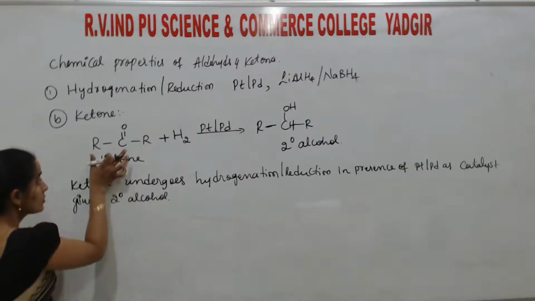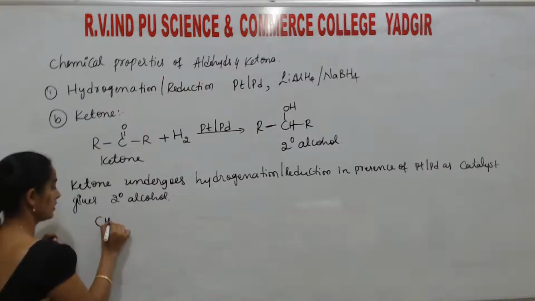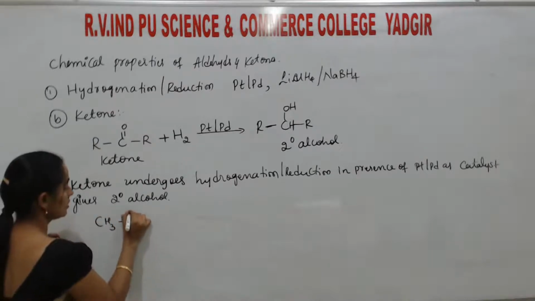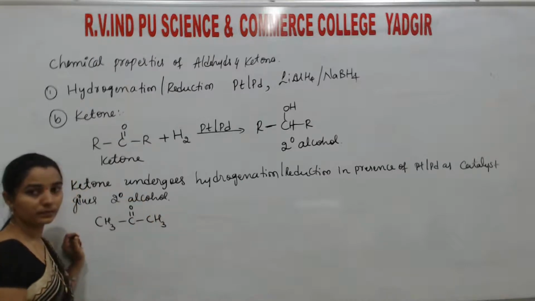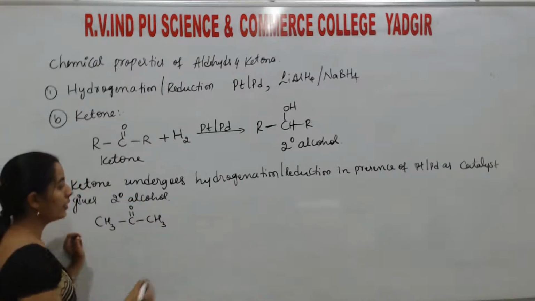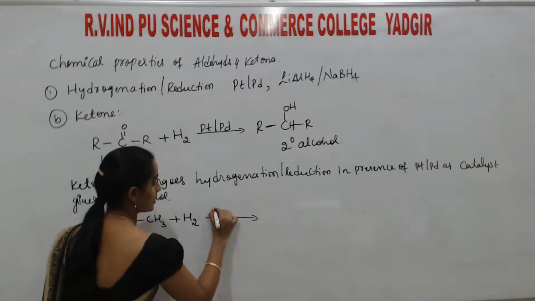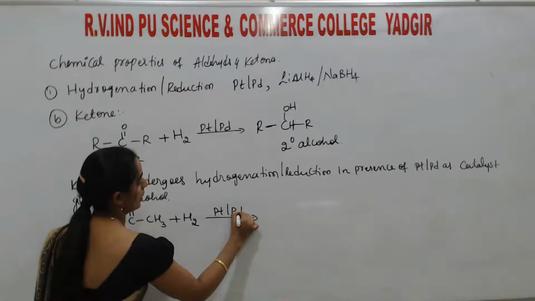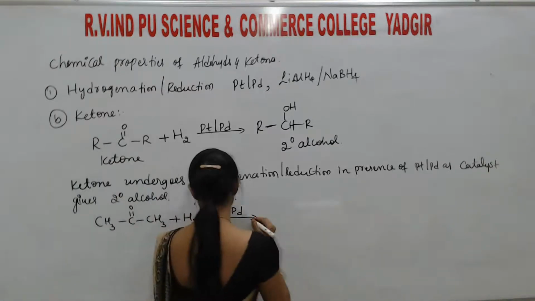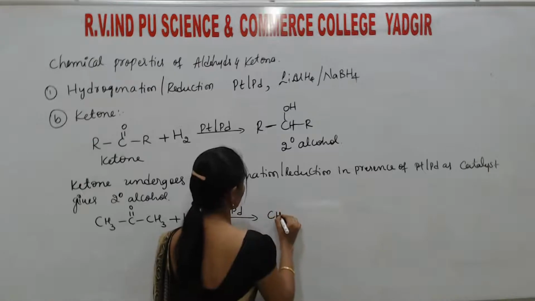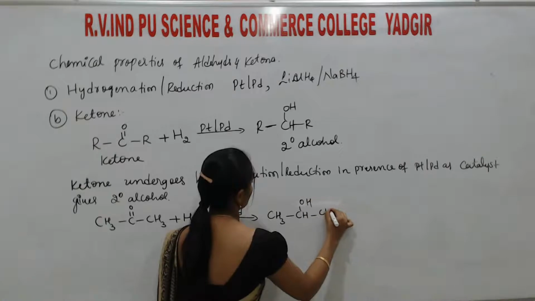Just take an example. Just replace this R group by CH3. CH3, C double bond O, CH3. Okay, next, H2 in the presence of platinum or palladium. Next, you will get CH3, CHOH, CH3.